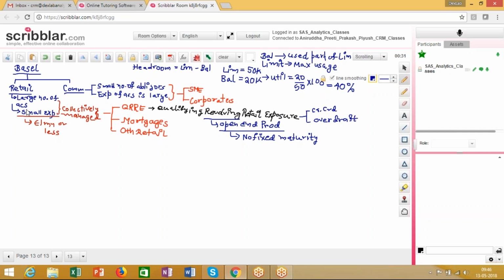So when we are assessing the overall riskiness of the borrower, we need to ensure that both the drawn and the undrawn balances are taken into account. Clear?